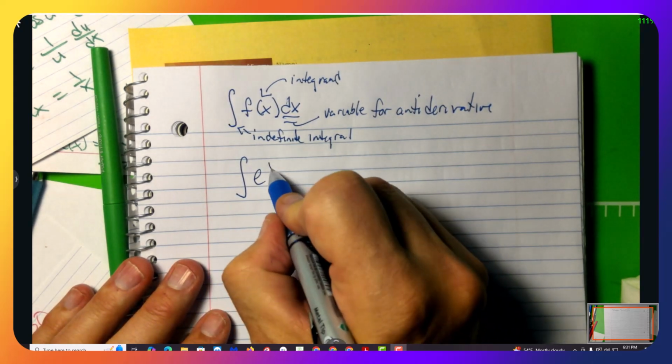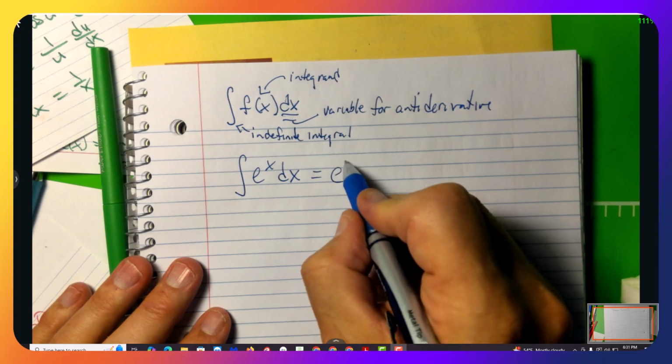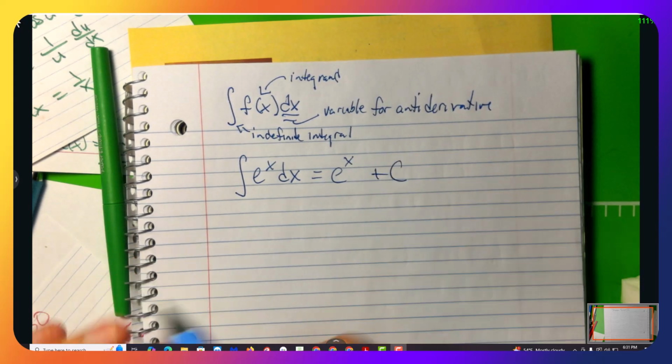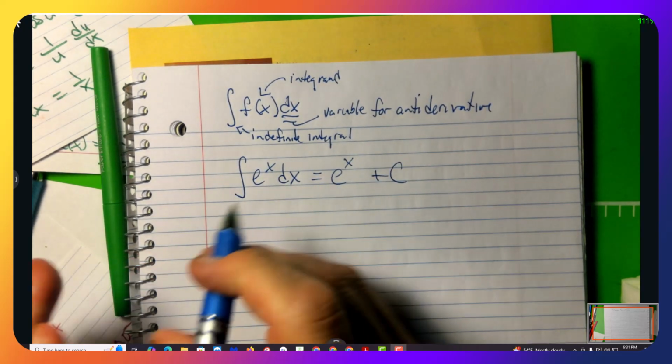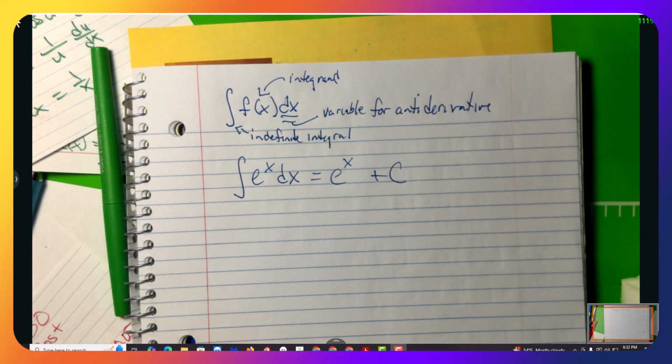Okay, so with the antiderivative of e to the x, well, that's e to the x plus c. Now, it just so happens the antiderivative of the sum is the sum of the antiderivatives, because derivatives and antiderivatives are linear operators.